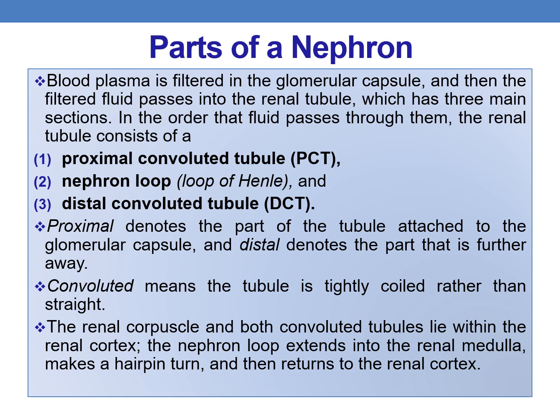Convoluted means the tubule is tightly coiled rather than straight. The renal corpuscle and both convoluted tubules lie within the renal cortex, and the nephron loop extends into the renal medulla, makes a hairpin turn and then returns to the renal cortex.